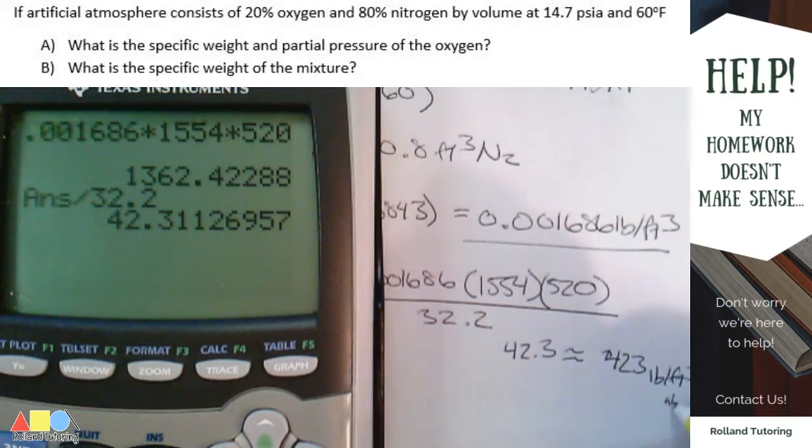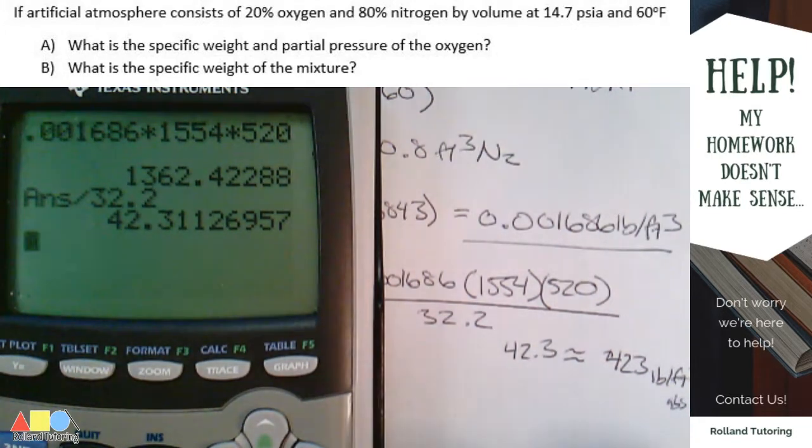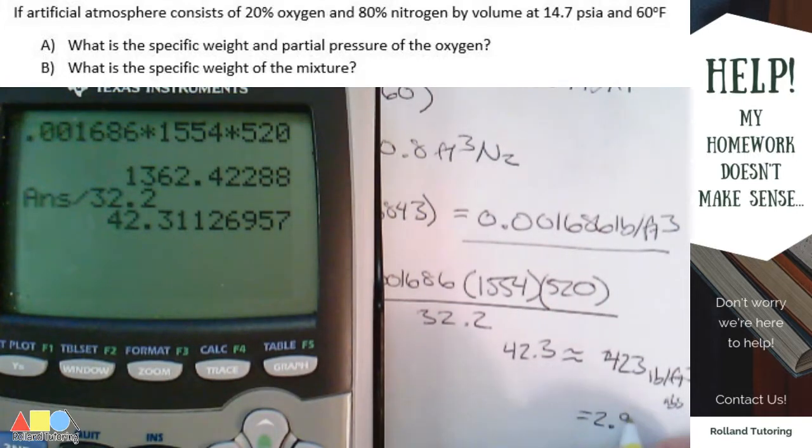And that's absolute. Then you can look through your book and find the conversion from pounds per foot squared to PSI, which is equal to 2.94.